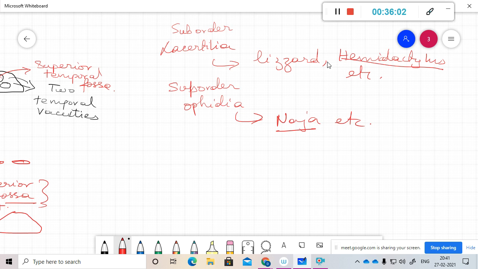Then you have the Archosaurians, or the crocodiles. In Archosaurians, the skull is diapsid.